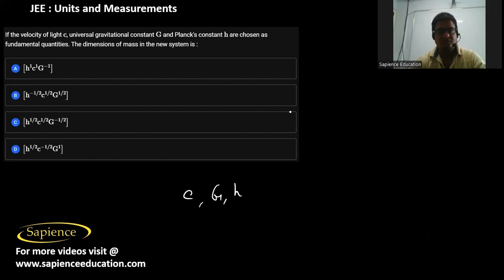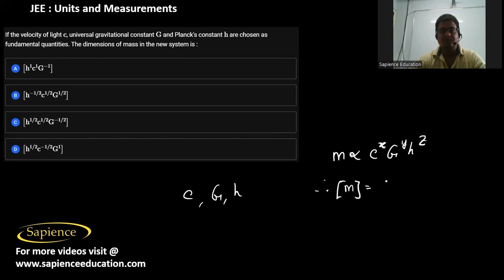So we can say mass is proportional to c power x, then G power y, and h power z. If we can find the powers of c, G, and h, which are x, y, and z, then we can find the dimension of mass. Therefore, the dimensional formula for mass is the same as the dimensional formula of c power x into the dimensional formula of G power y into the dimensional formula of h power z.